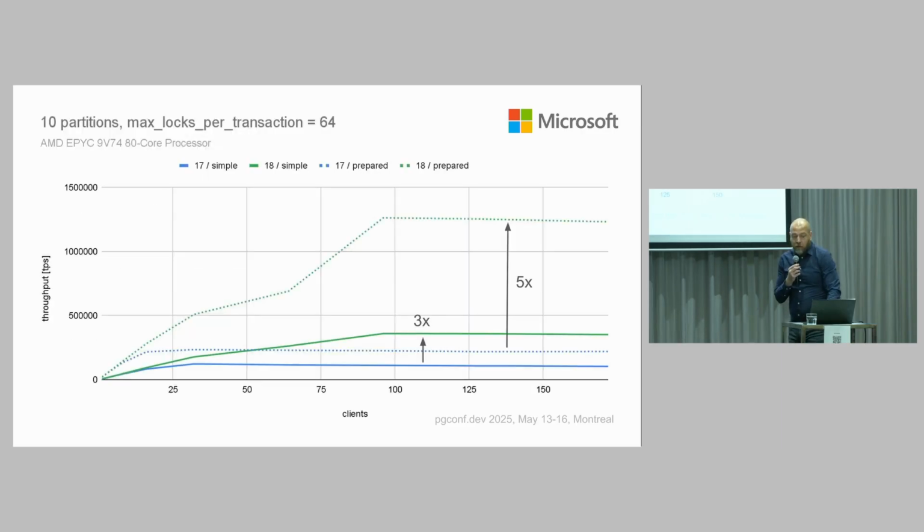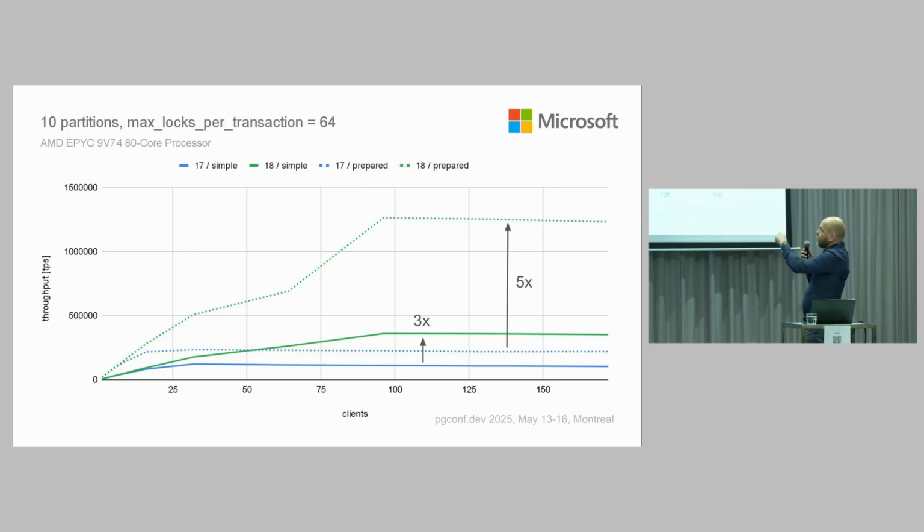So if you increase the number of locks, if you make the array sufficiently large, and it's tied to max locks per transaction, as I will show in a minute.